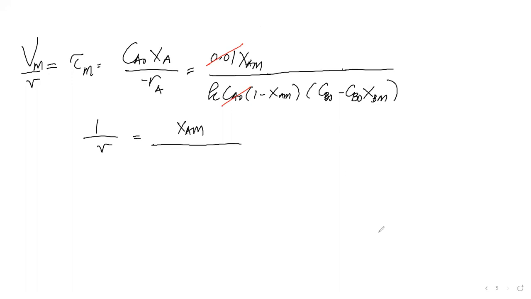Okay, so you have XAM, and you will have K (1 minus XAM). Your CBO is, by the way, 0.7, right? 0.7.